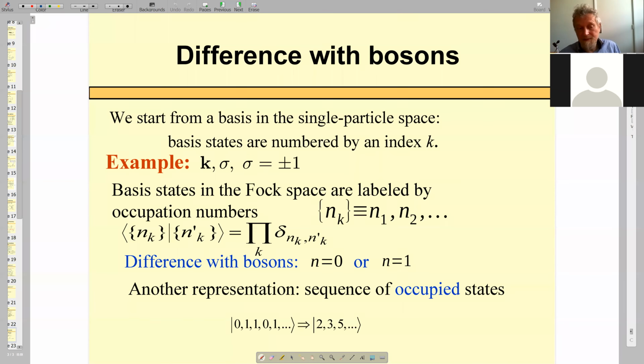In any case, the basis states in the Fock space are labeled by a long row of occupation numbers. Each level gives rise to a number. The only point is we are working with fermions, so these numbers are either 0 or 1.